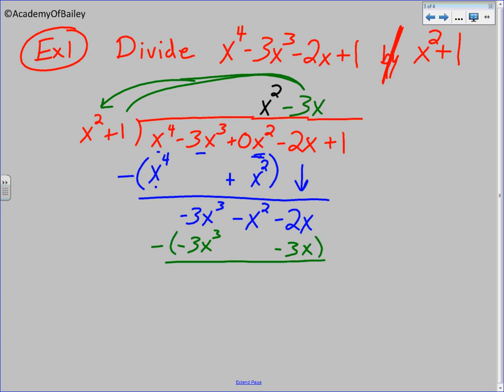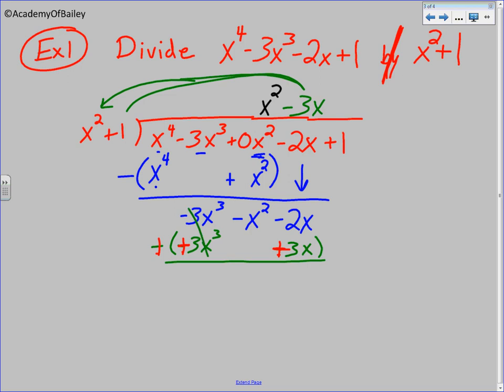We are supposed to subtract. And now that we have negative signs down here, if you subtract a negative, it becomes positive. So we're really adding here. You just got to pay attention. If you are subtracting a negative, that's when you do the addition.